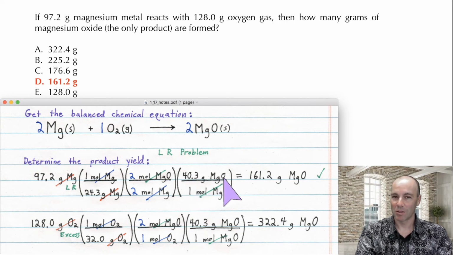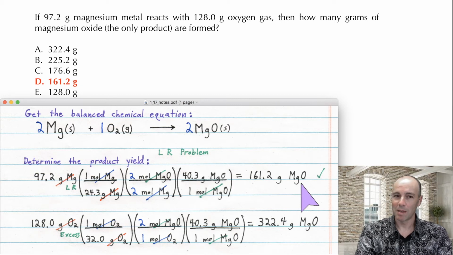If you add oxygen, which is 16, to magnesium's 24.3, that comes out to 40.3. So this last conversion factor gets you to grams of magnesium oxide. And so when you multiply it by the 4, that gets 161.2 grams of magnesium oxide.